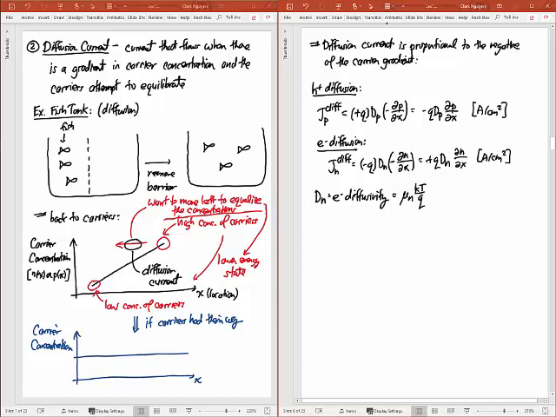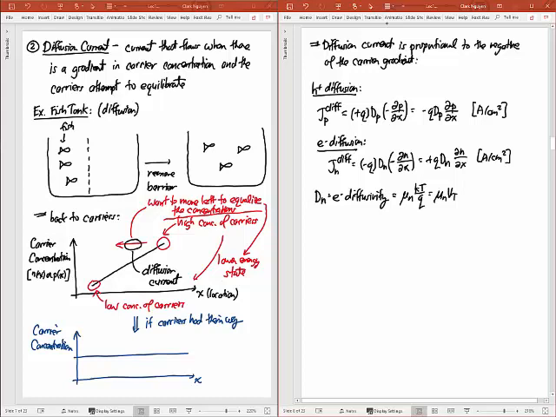So kT over Q is a very commonly seen quantity. Okay, but this ends up being equal to mu n times Vt. So that Vt is that thermal voltage we talked about before. Remember in the diode equation? That's the Vt right there.